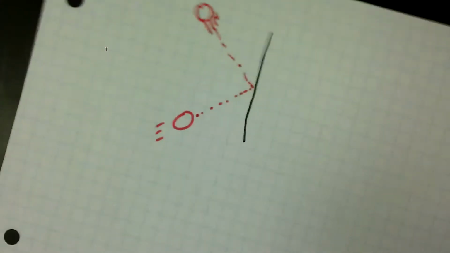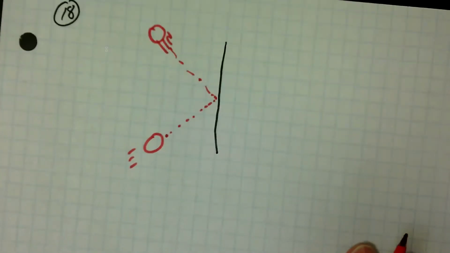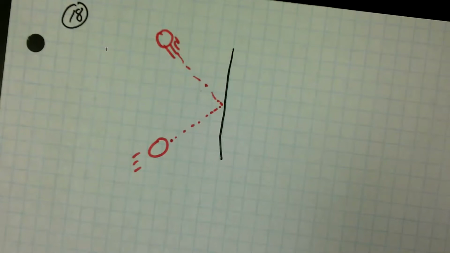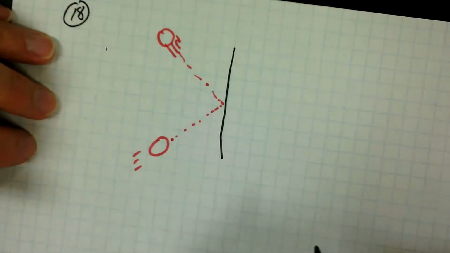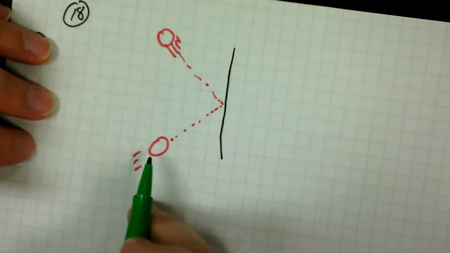So the idea is I have a ball that bounces off here. And remember last time we talked about which way the impulse would have to act on this ball in order to make it do that? Remember the direction?